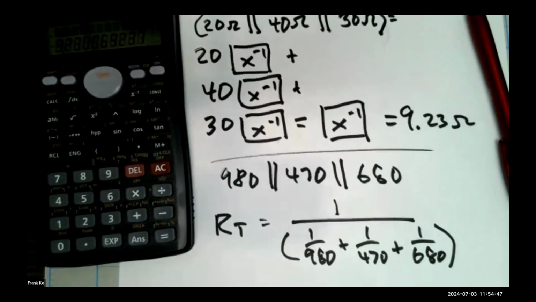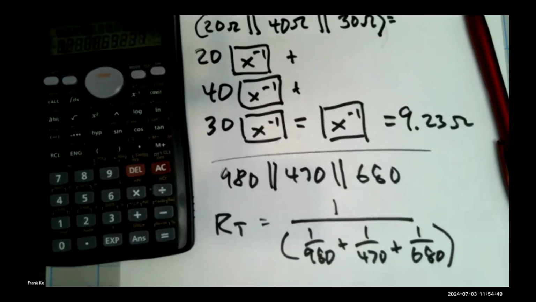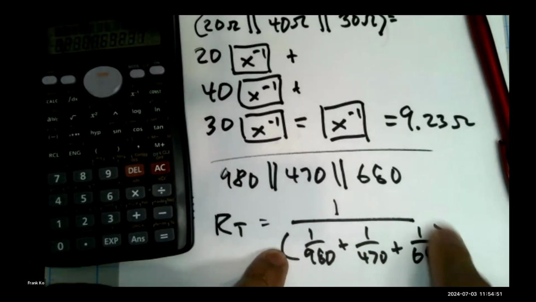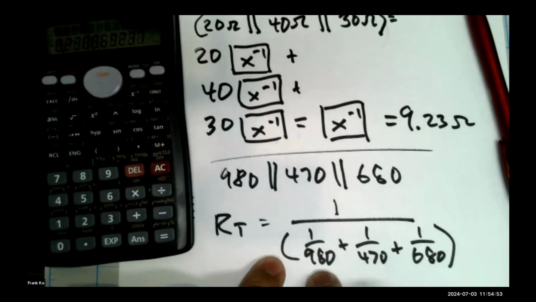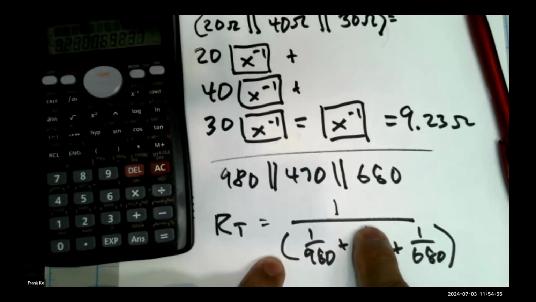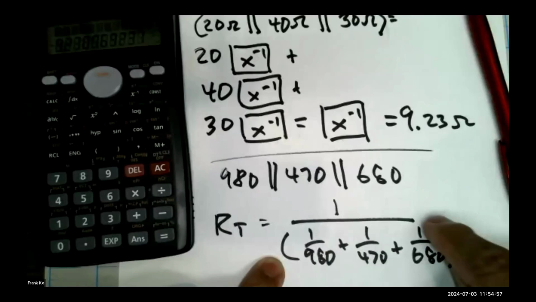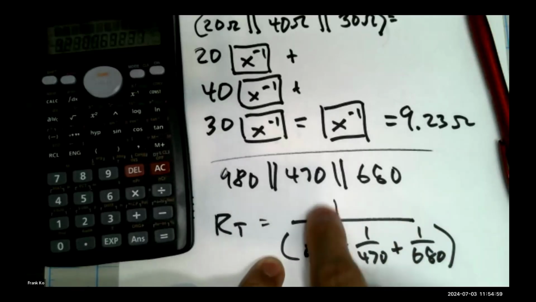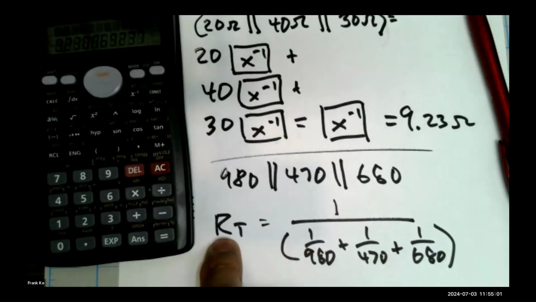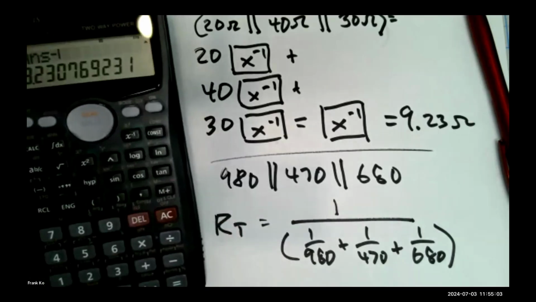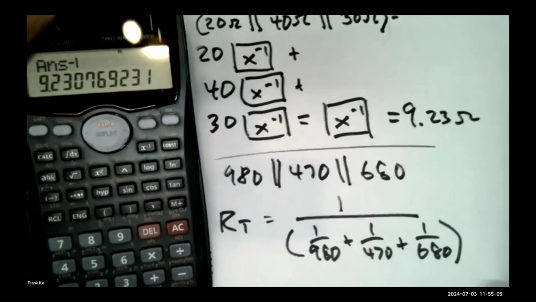So what we're going to do is we're going to do the bottom first. We're going to do the denominator of this fraction first. 980 reciprocal plus 470 reciprocal plus 680 reciprocal equals, hit reciprocal one more time, equals my RT. Watch how this works. It's really quite elegant.